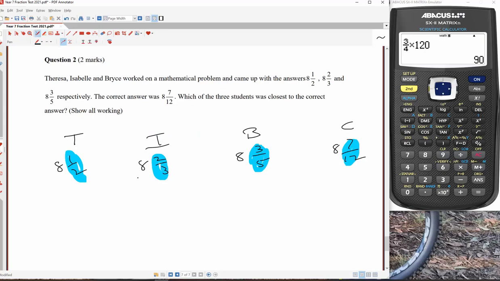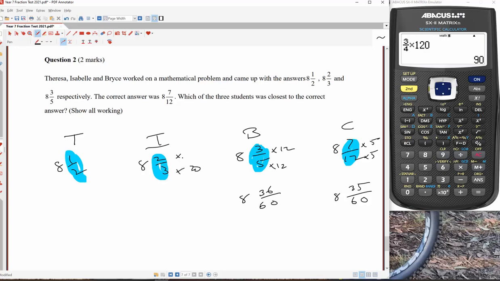So I think all of these numbers go into 60. Yes, 60. So times by 5, times by 5 is 8 35 over 60. This is going to be times 12, times 12, 8 36 over 60. So Bryce seems pretty close straight away.